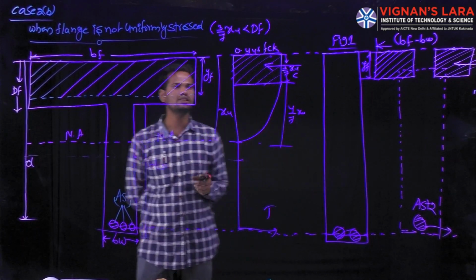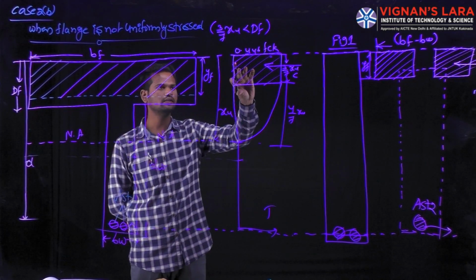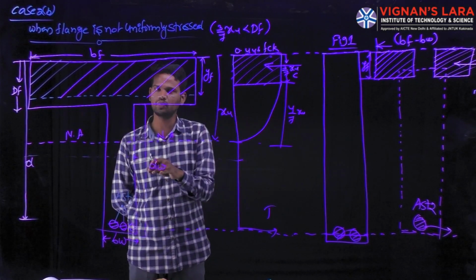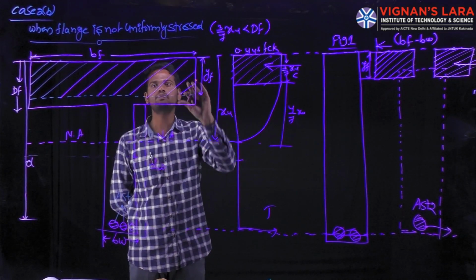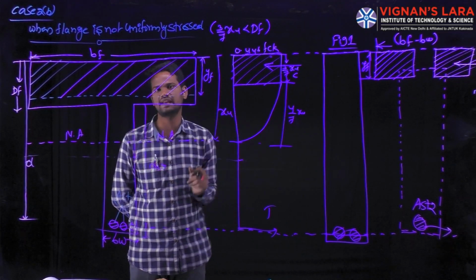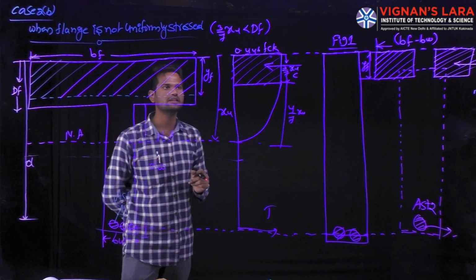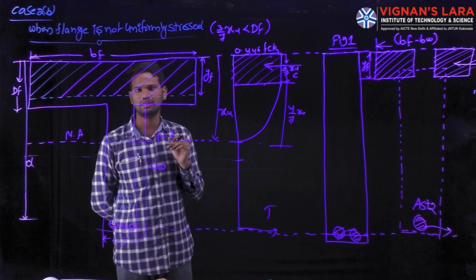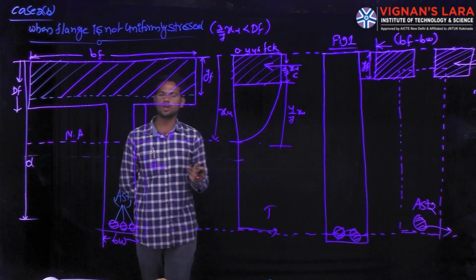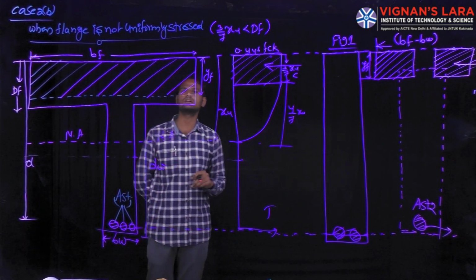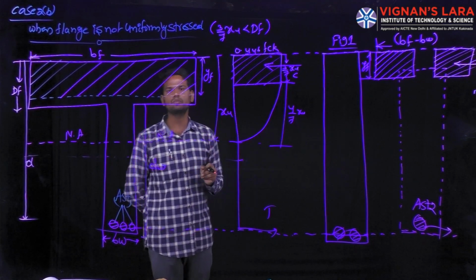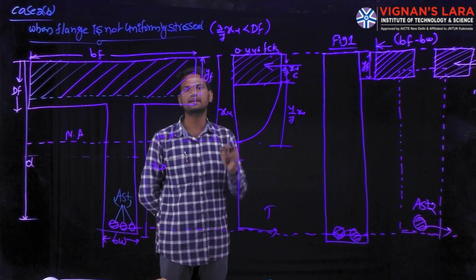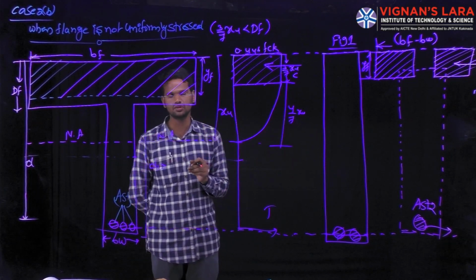Again, for this flanged beam, the neutral axis lies in the web portion and the flange portion is not uniformly stressed. Not uniformly stressed means, while learning the assumptions for limit state of collapse under flexure, we saw that the stress block is parabolic from the neutral axis to the strain of 0.002 and rectangular up to the strain of 0.0035.